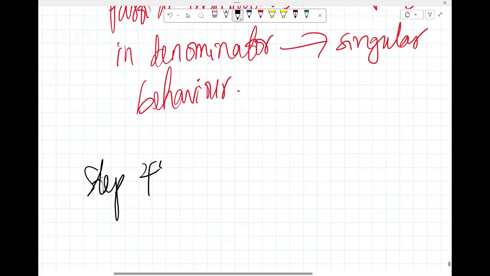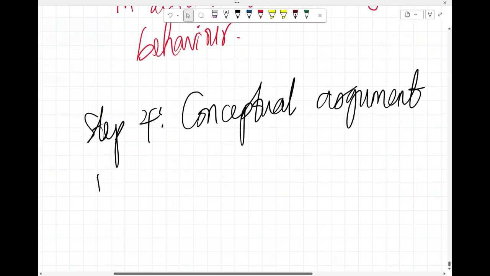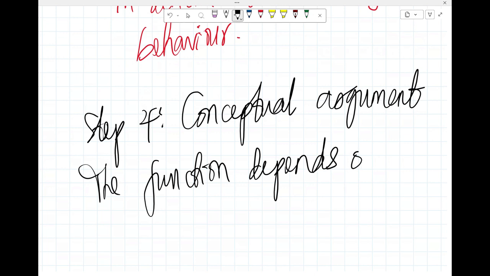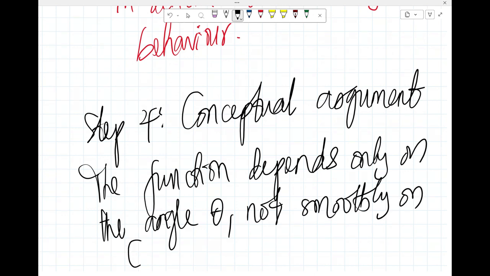Then in step 4 now, we can have a conceptual argument instead of actually differentiating straight up. The function depends only on the angle theta, not smoothly on x comma y.